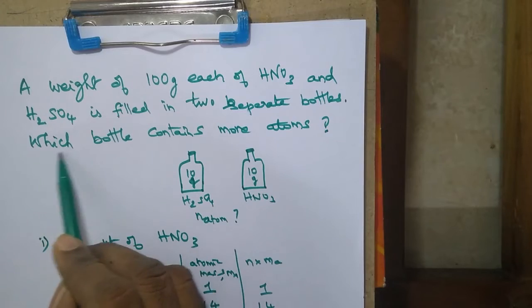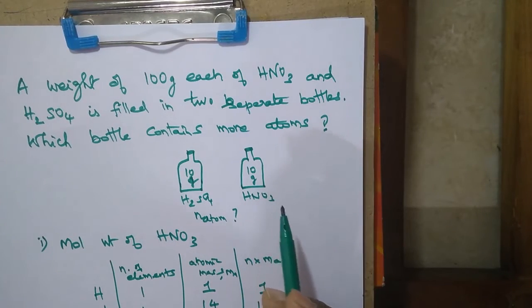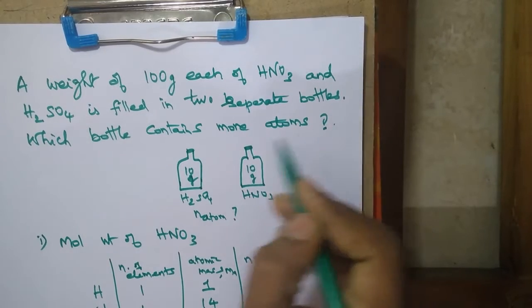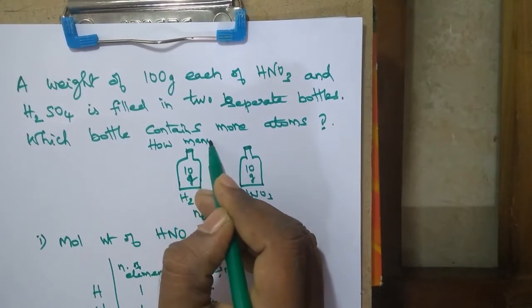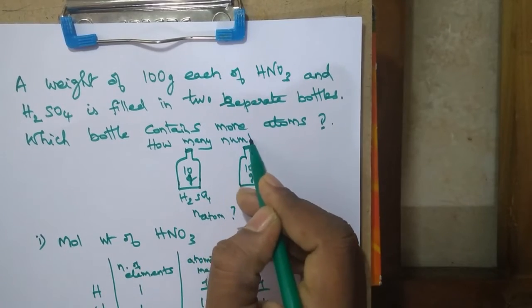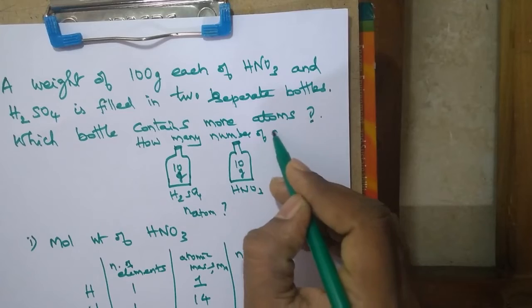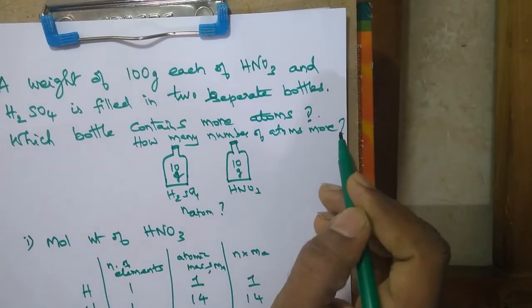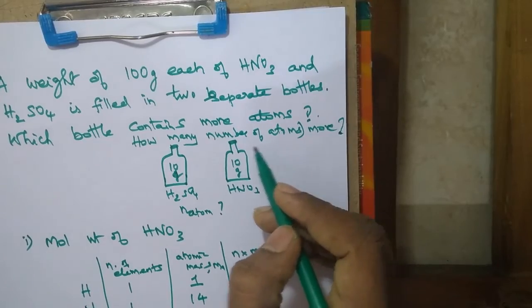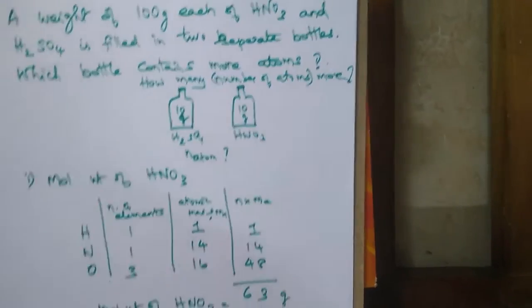In the diagram I have made it 10 grams just for understanding, but both bottles contain 100 grams, of sulfuric acid and nitric acid. The question was which bottle contains more atoms and how many more atoms. We wanted to find only the excess number of atoms.